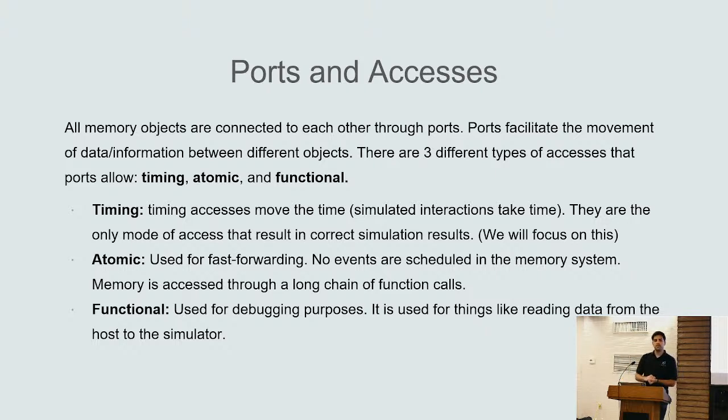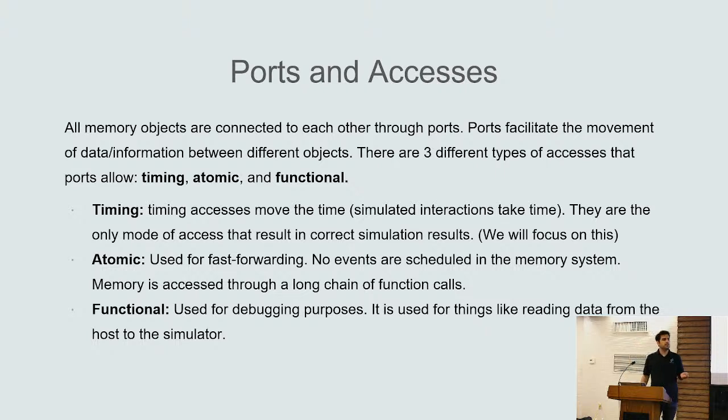And there are three modes of memory accesses. I think Ayaz has already talked about them. Timing is the only mode of memory access that results in correct simulation results of memory accesses. It's basically going to move time with every process that happens in the memory subsystem. And this is what we are going to be focusing on.